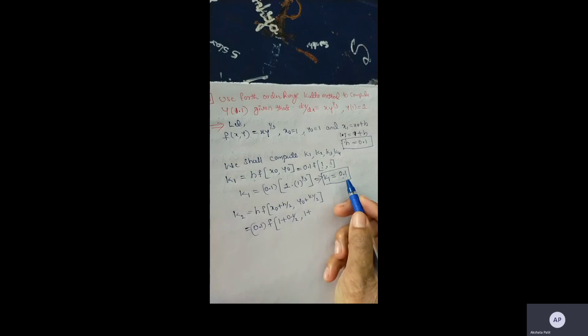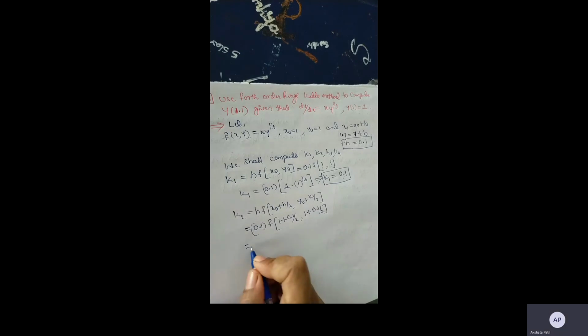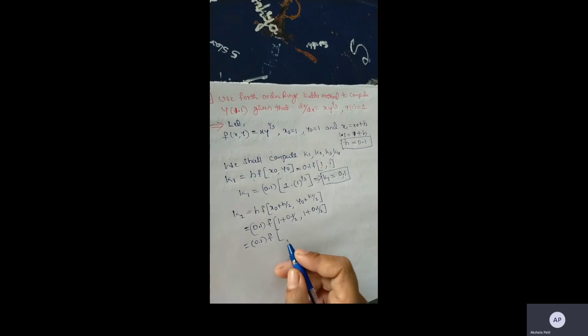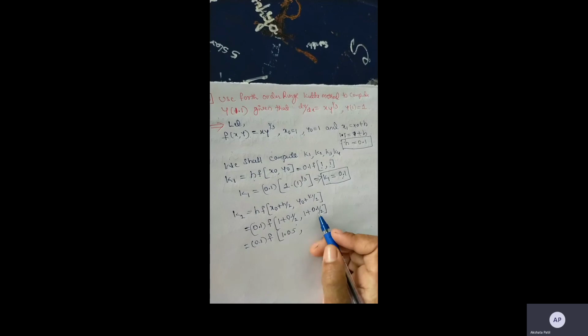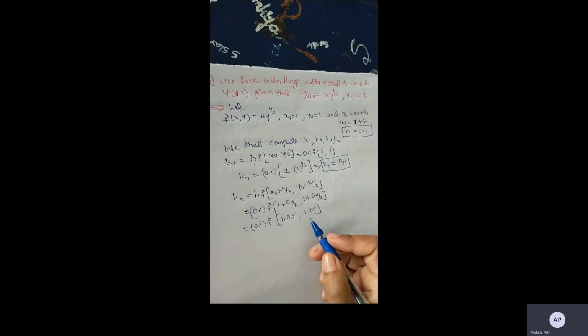After simplification, 0.1 divided by 2 is 0.05, plus 1 gives 1.05, comma, again 1.05. Substitute both values once again in the given differential equation and calculate the K2 value.